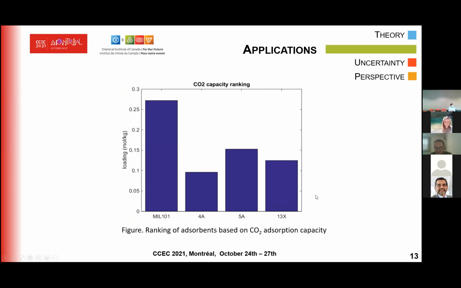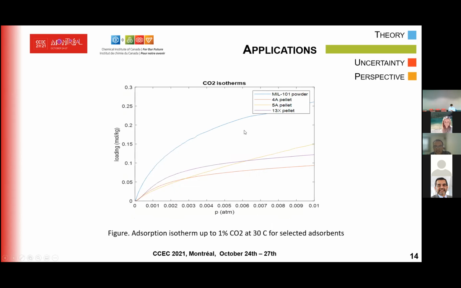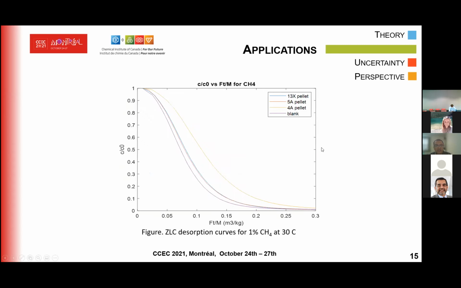For example, for CO2, in this case, this one has a higher capacity, so for storage applications, for instance. And also the isotherm, you can get it, and it can be shown here. It is just in accordance with what we found with the desorption curves.